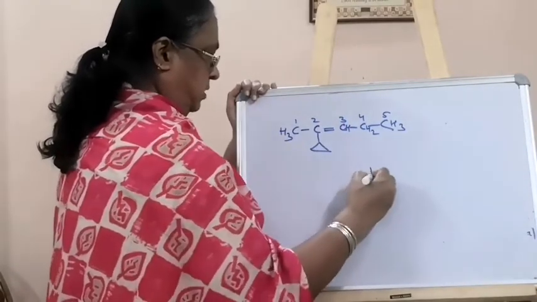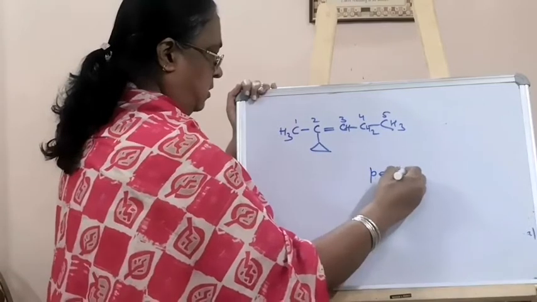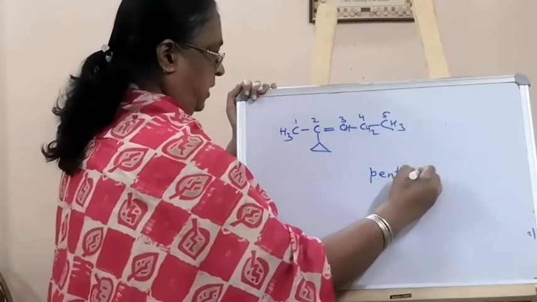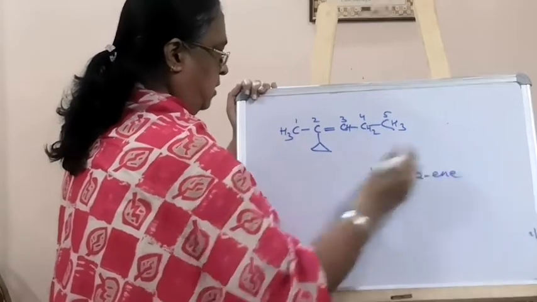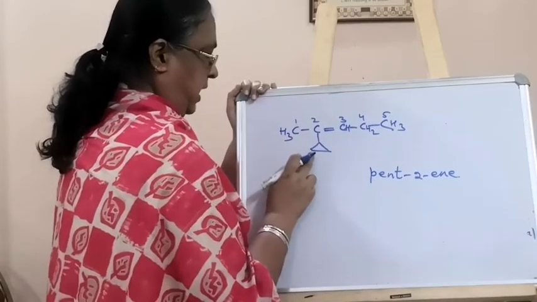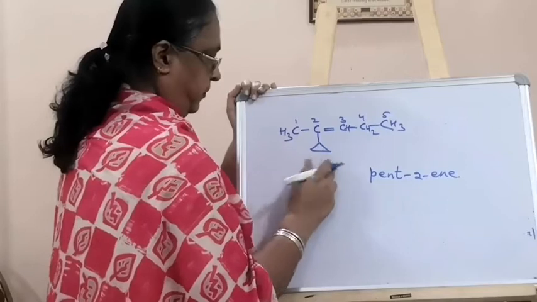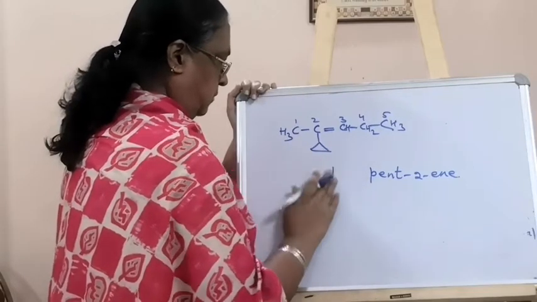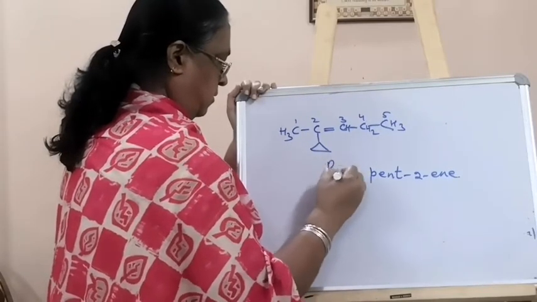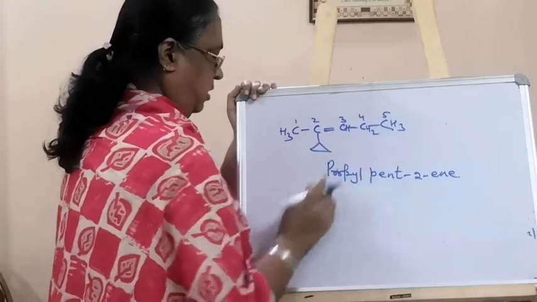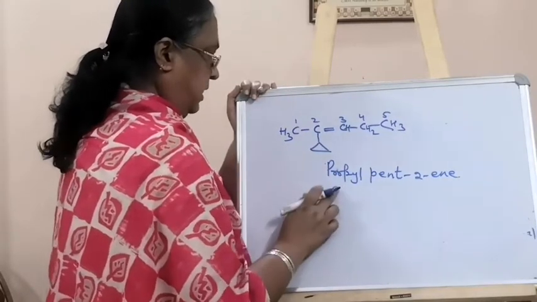So pent, it is at 2, pent-2-ene. And at 2 we have got propyl, 3 carbon propyl.